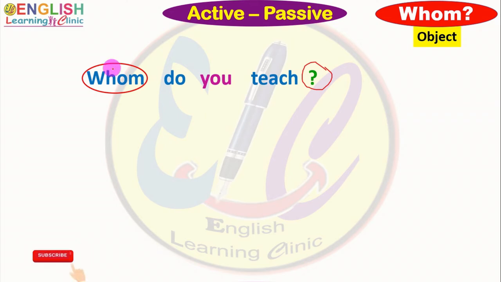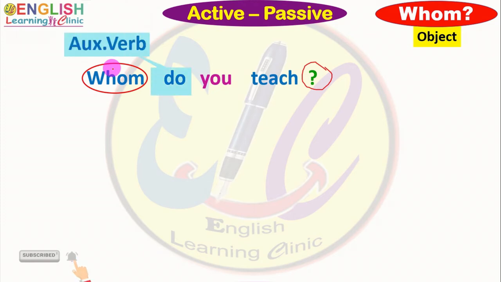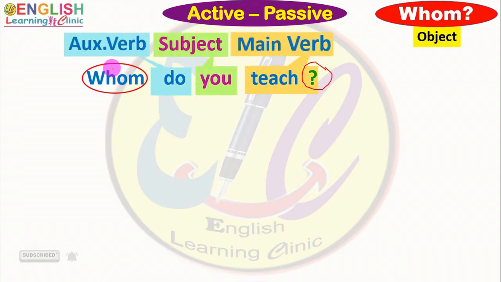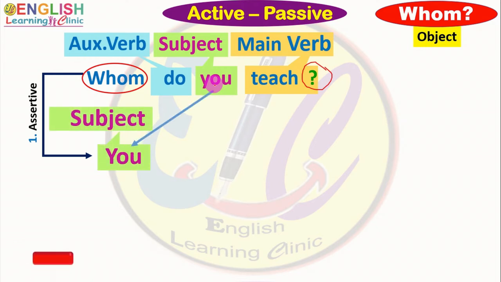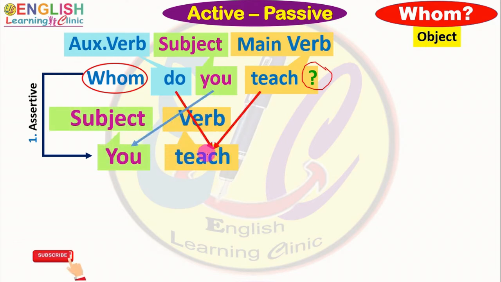If you put aside the WH word whom, the structure is auxiliary verb, subject and main verb. Now make it assertive first. That is, the subject will come first, next the verb, next object. As here, whom takes the place of the object.